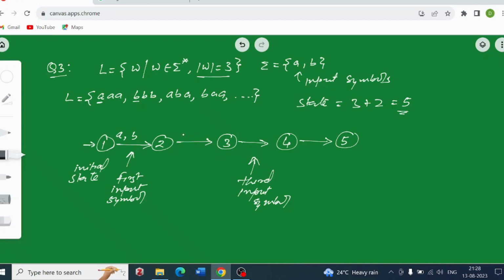Similarly, the second input symbol, according to the definition, can be either A or B, and the third input symbol also can be either A or B. So by reading the 3 input symbols, the machine should be in the final state, because according to the definition, all those strings whose length is 1, 2 and 3 should be in the final state. Therefore, in this question, state number 4 is to be a final state.